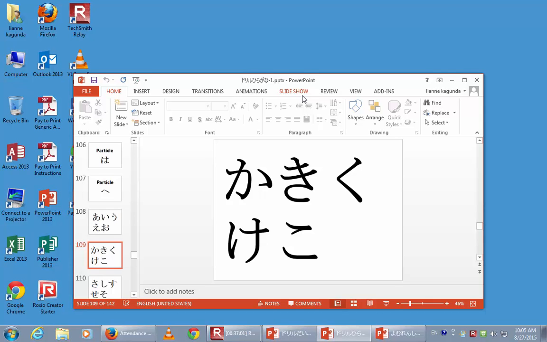Nihonjin. Japanese person, yes. Jin meaning person. You put jin on the end of any country or nationality word, and it means a person from that country. So Mexico jin would be a person from Mexico. Italia jin would be a person from Italy.